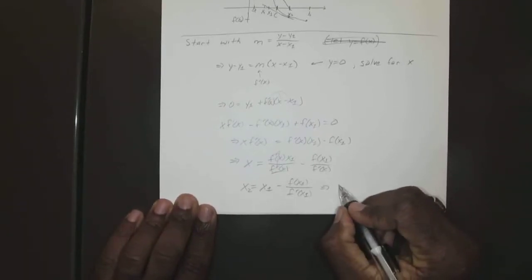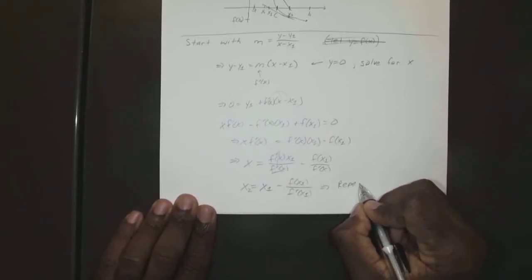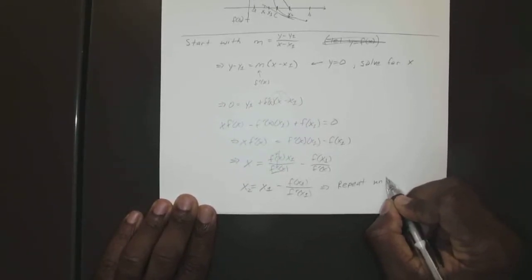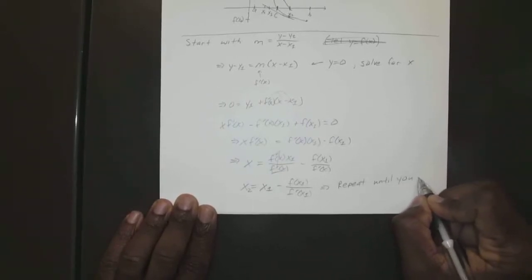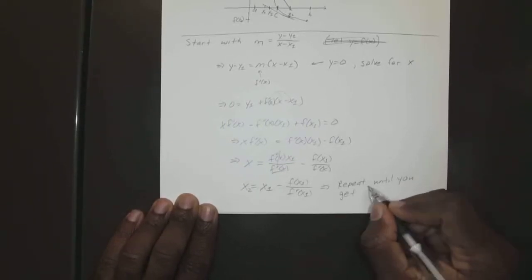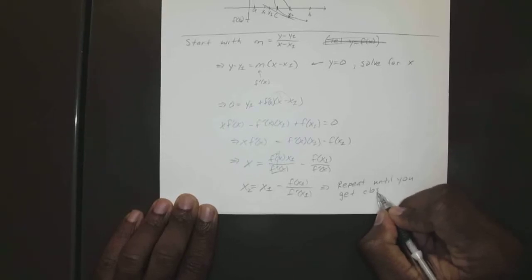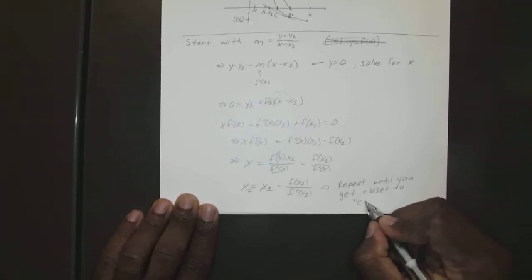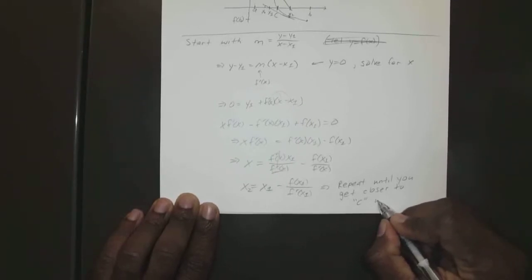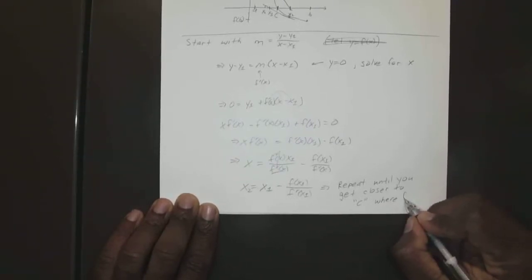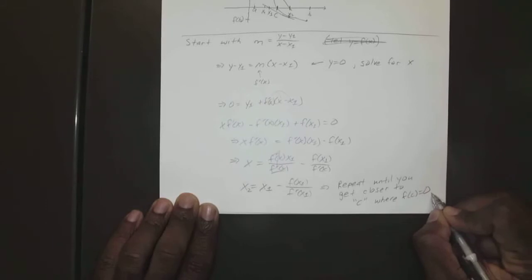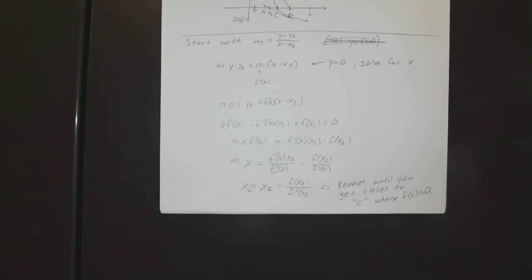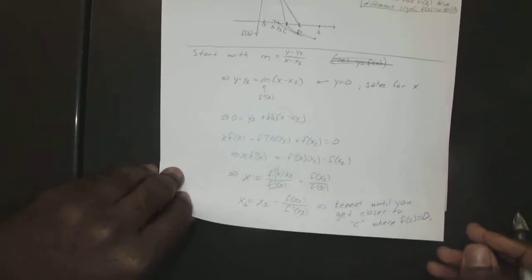All right, so here, repeat until you get closer to the value c, where f of c is equal to 0. So we just keep repeating that over and over again.